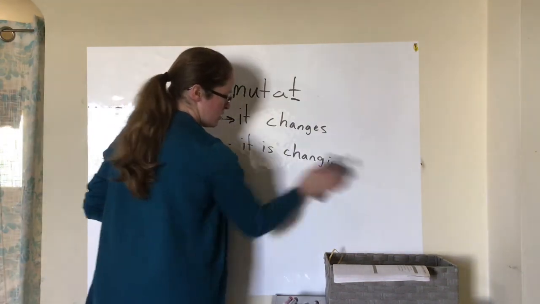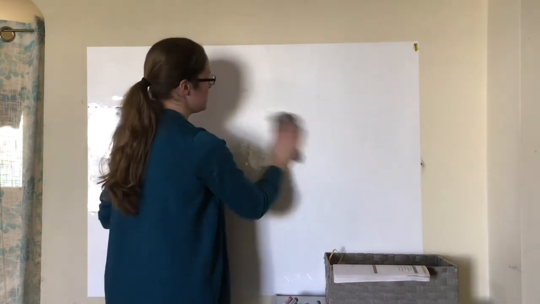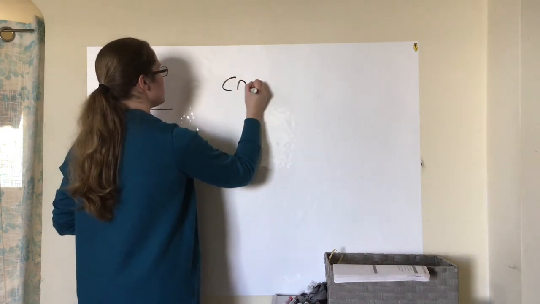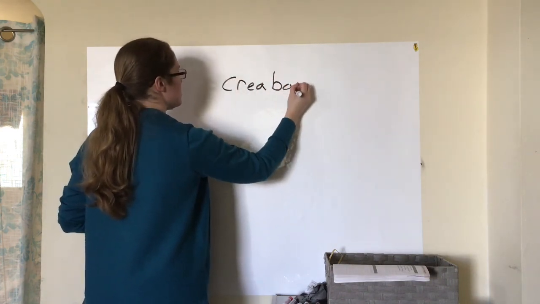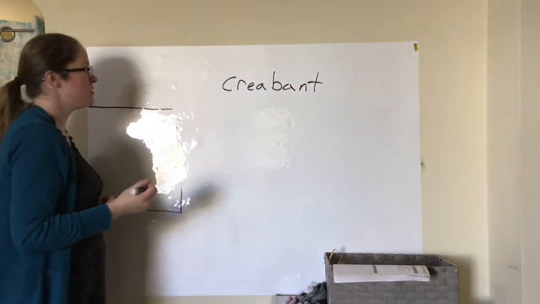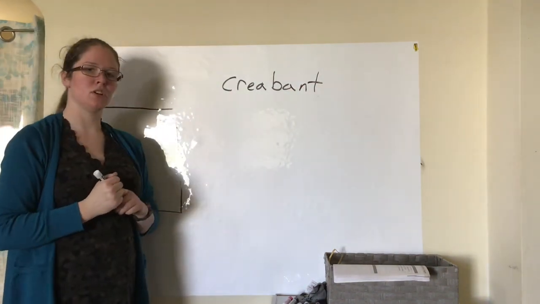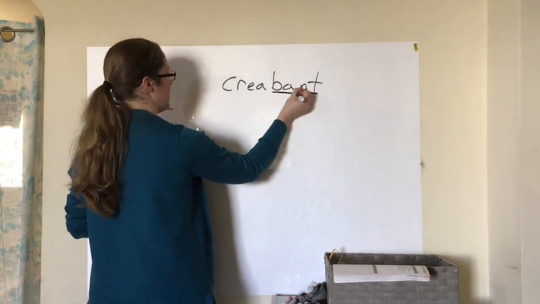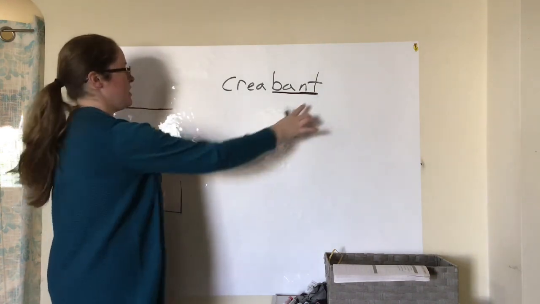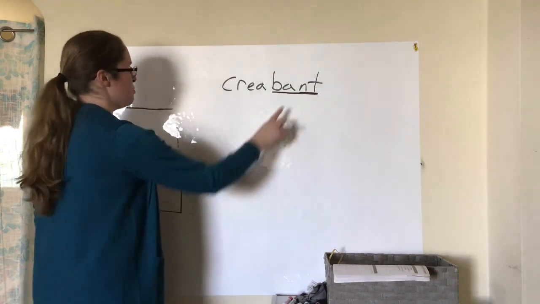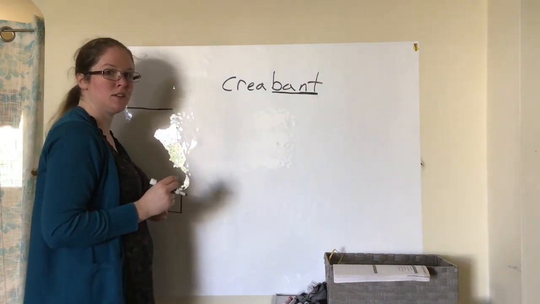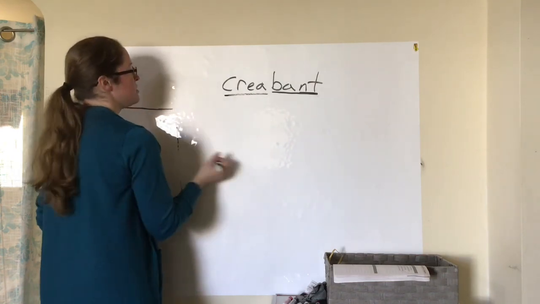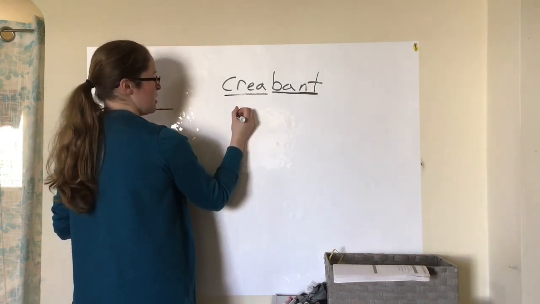All right, let's do creabant. Creabant. Our ending is not just unt, it's bunt. Always look back in it before an ending and make sure you don't have a BA in front of it. So bunt is our ending, which is what tense? Imperfect tense. Crea means create. So unt is our they.